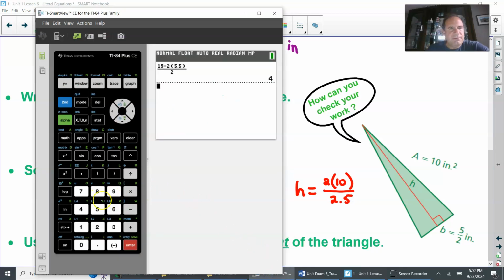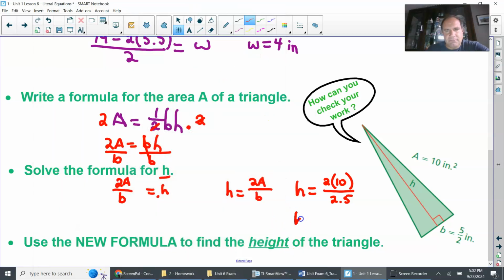Grab your calculator. We're going to press alpha x. We're going to have 2 times 10 over 2.5. And then enter. We have 8. So the height is 8 inches. See how easy that is.